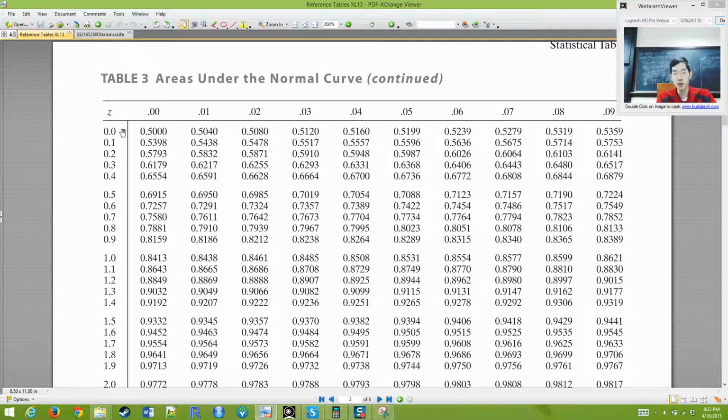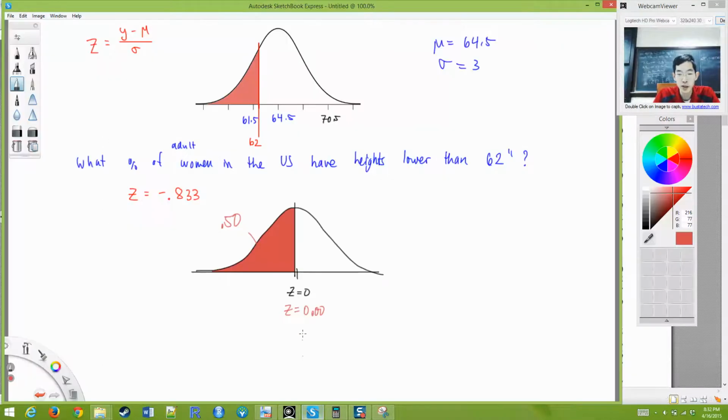Now, this table represents numbers in a slightly different way, okay? Z equal to 0 is essentially 0.00, and you find that by going in the table to the row 0.0 and the column 0.00, and that's how we get 0.5000.